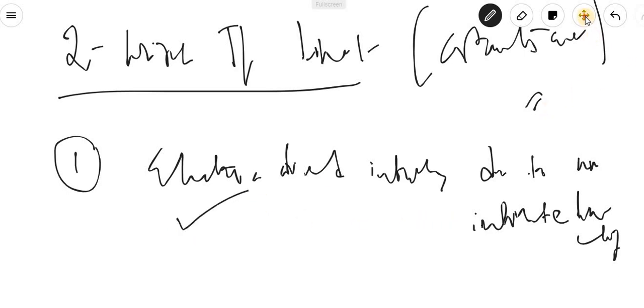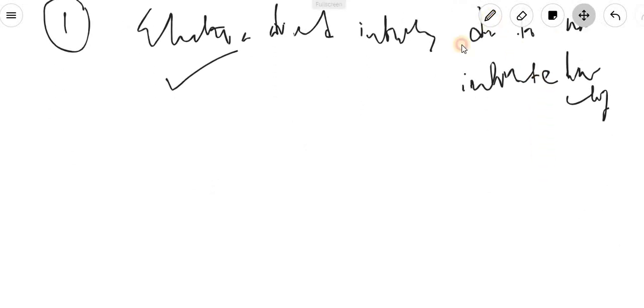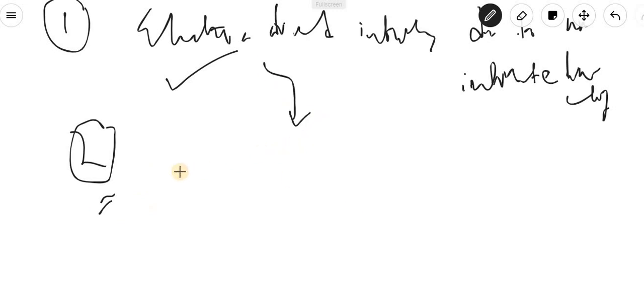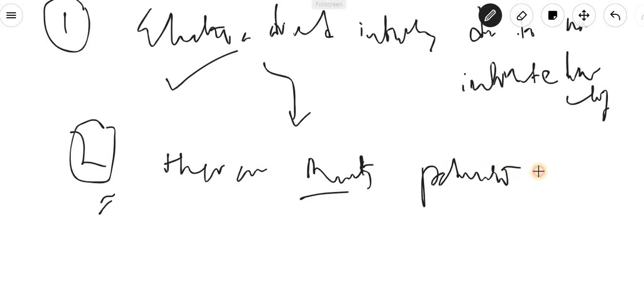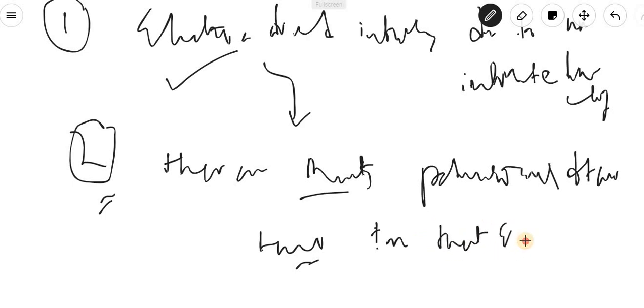We have already discussed that. And second, for this electric field, if there are any two points, what will be the potential difference between the two points in that electric field?